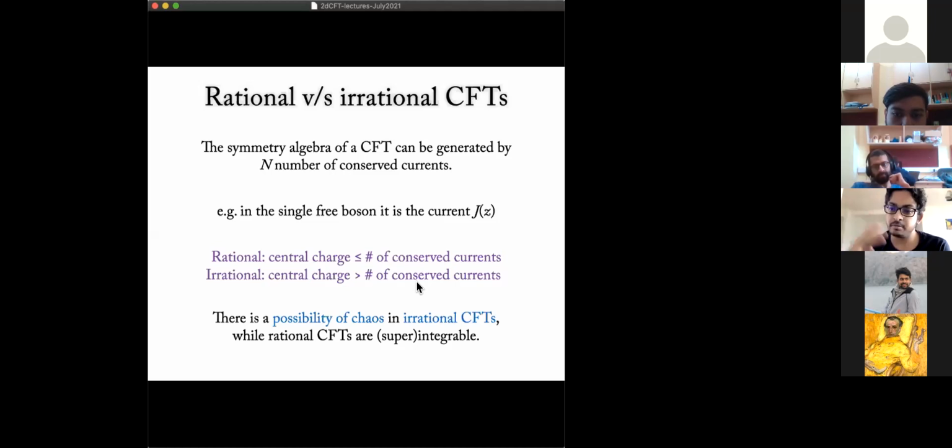In various different examples, you have different things. There are some higher spin CFT dualities in which the CFTs are built out of coset constructions, and in that case, those are rational CFTs. Okay, thanks.